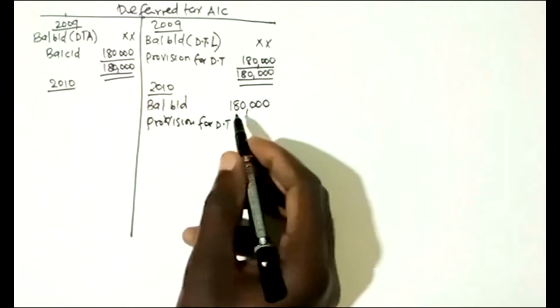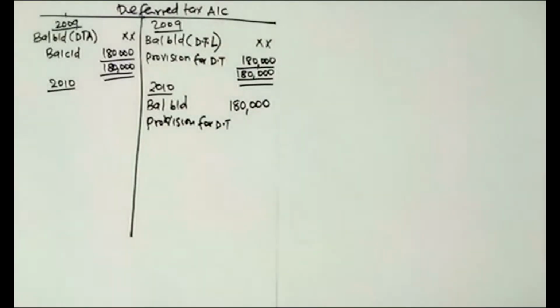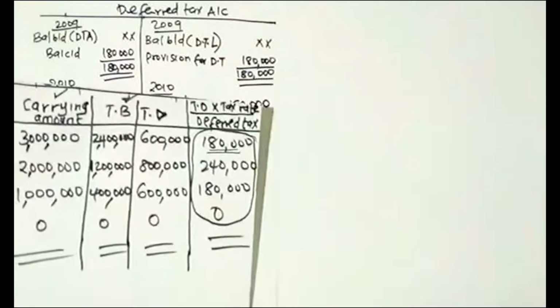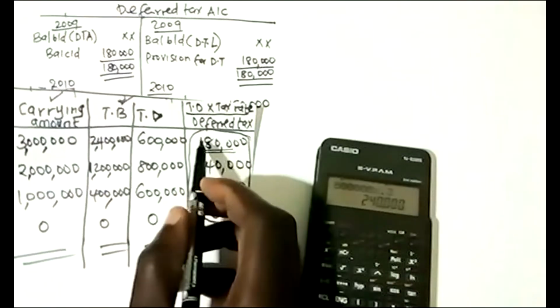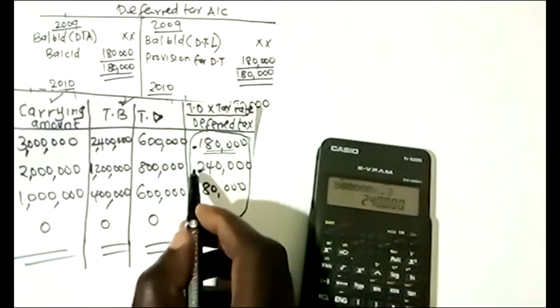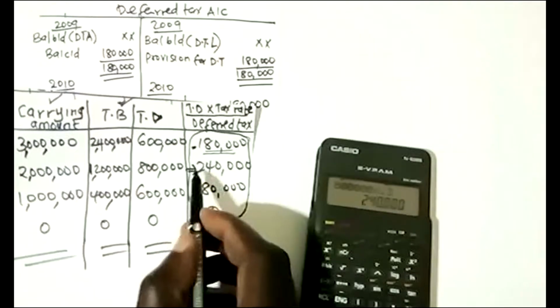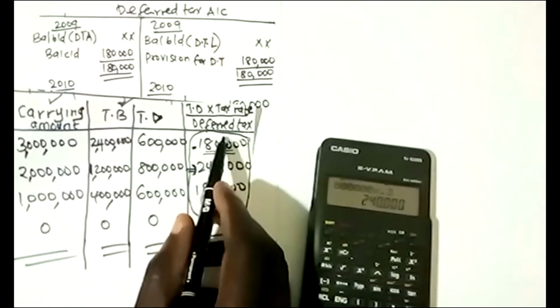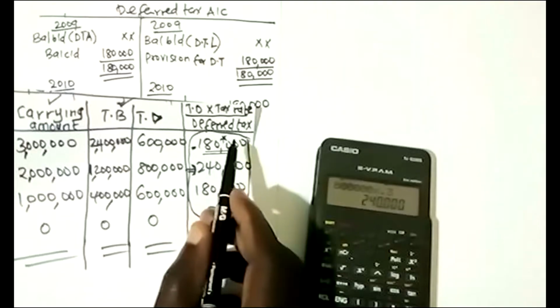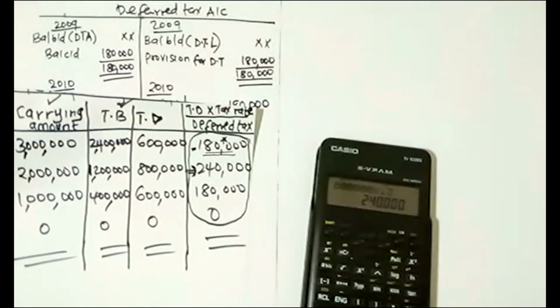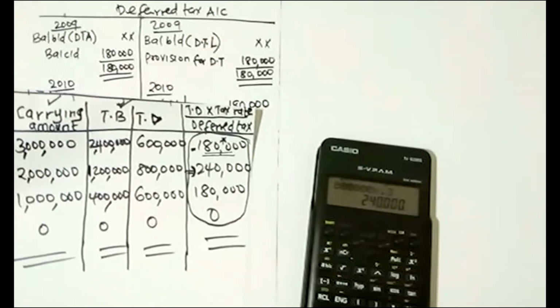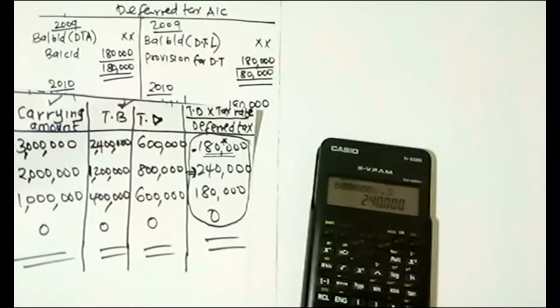So the provision which was made now in 2010 would be only 60, because they made a provision of 180 in the previous year. So in the next year, there's this 240, but which is inclusive of 180, because you know that the previous provision which was made is to cater for the future obligations.